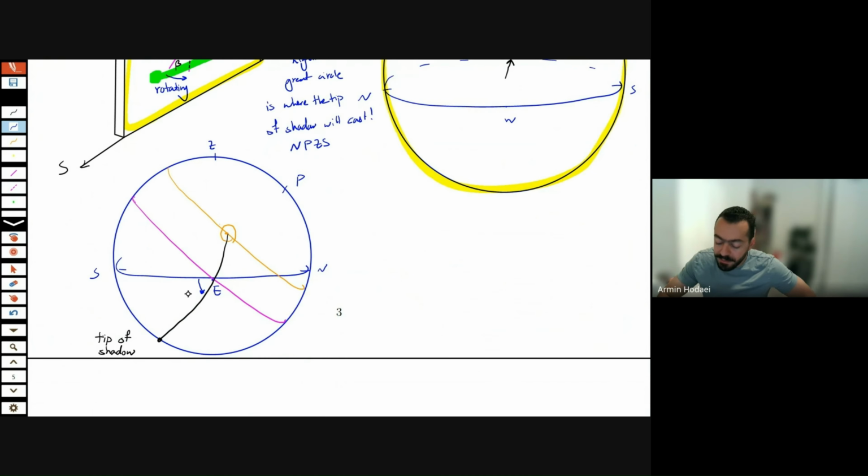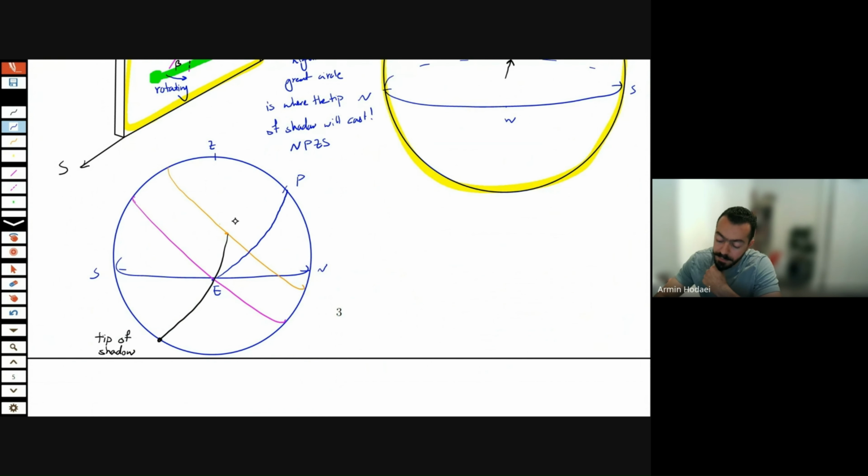This angle itself, let's call it beta, is not important, but the change in beta is important, which is basically equal to this one as well. Is it? Yeah. But that one I cannot use. Maybe I can use this one.